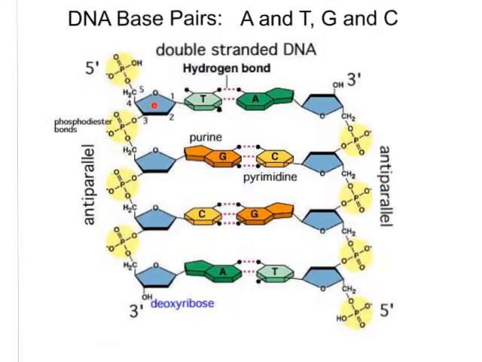The phosphate sugar repeats: phosphate sugar, phosphate sugar, phosphate sugar, phosphate sugar. That repeats over and over. This is called a backbone. Here is our nitrogenous base. Nitrogenous bases pair, and they always pair with the exact same partner. T always pairs with A.